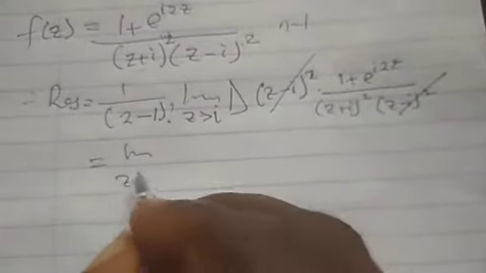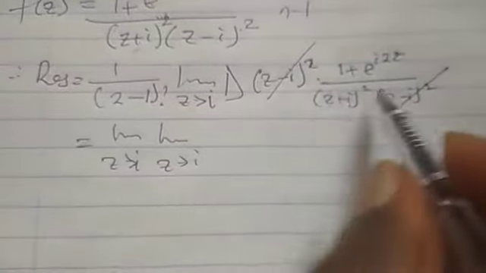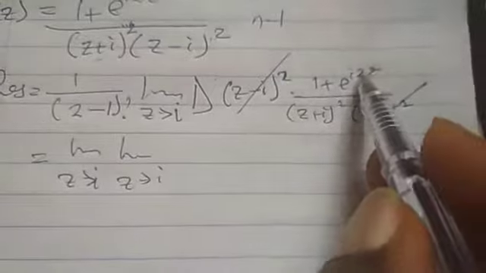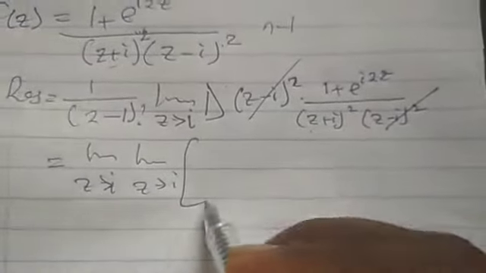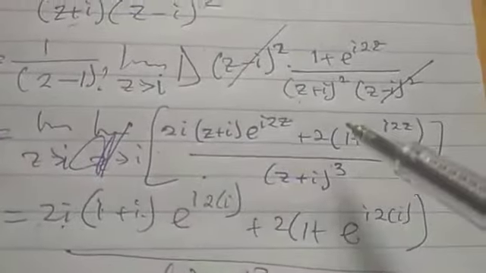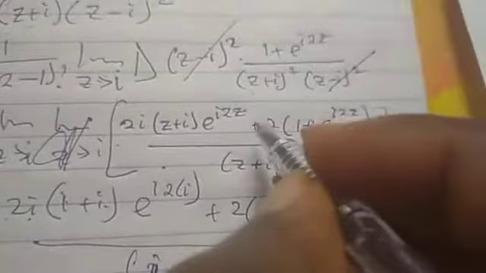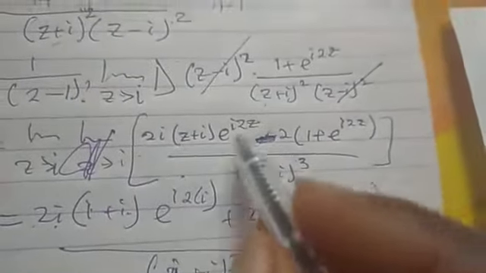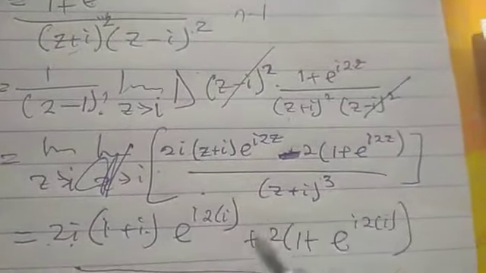So what we have left is limit of z tends to i. We are left with differentiation of these two functions. When we differentiate it, it will give me this. As you can see, I have differentiated this. Okay, there's minus here. Now I put i to the whole thing here. I put i to everything.